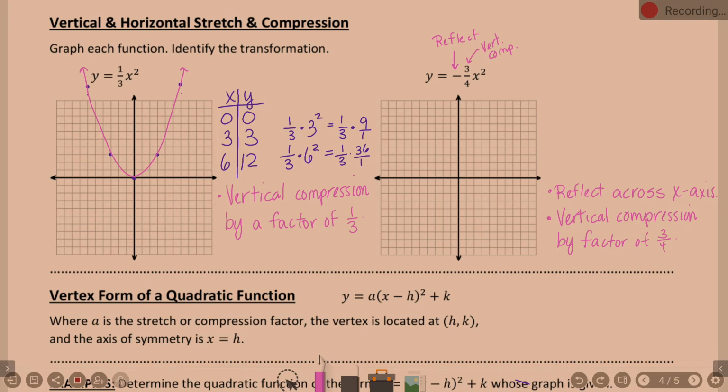So the key again, we could go ahead and talk about where's our vertex. 0, 0, because no left, right, no up, down. So it's going to be 0, 0. Anytime there's a stretch or a compression, I'm going to encourage you to think XY chart. Okay?